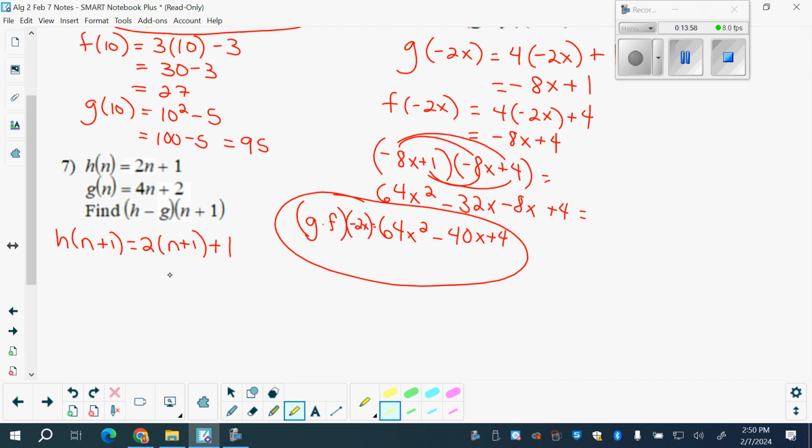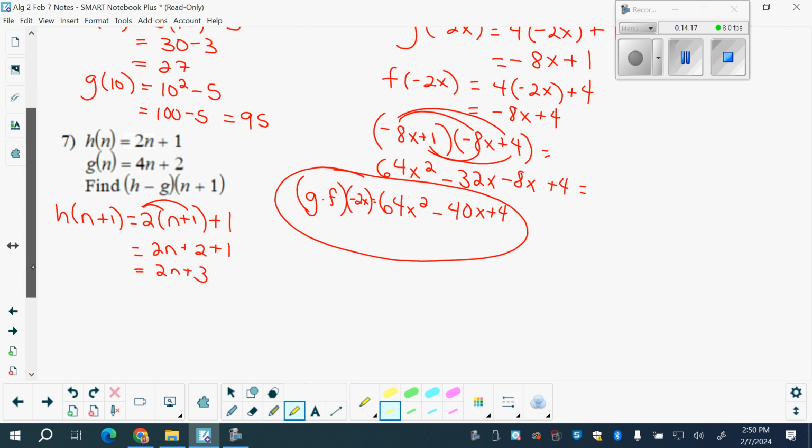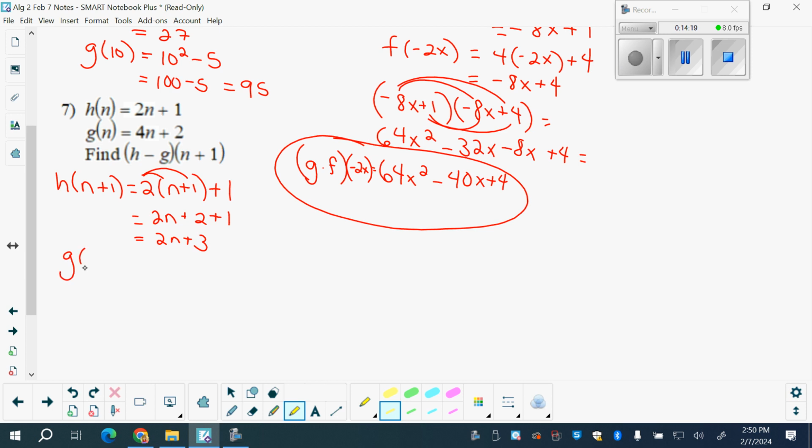Bilal, can you do that for us? Yes. So that gives us 2n plus 3. And then our g of n plus 1 is 4 times n plus 1 plus 2.